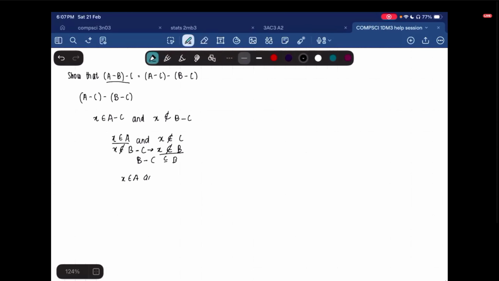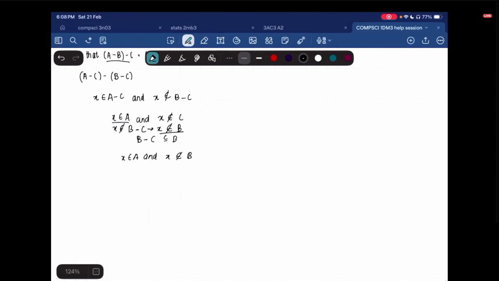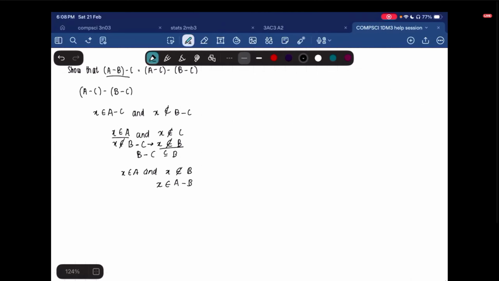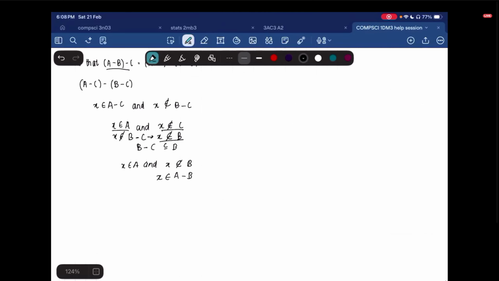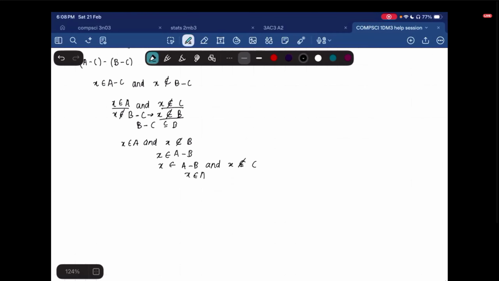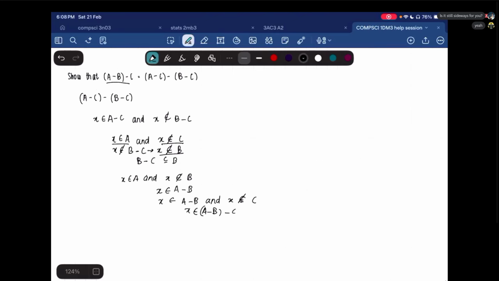X not in B, which is X in A minus B. And from here, we know that X is not in C. So X is in A minus B and X is not in C, which is what we have here.